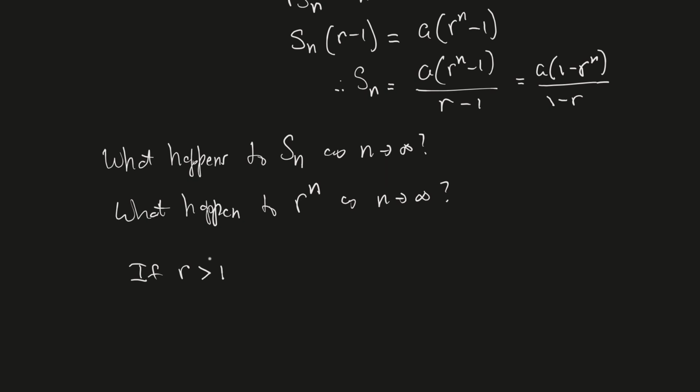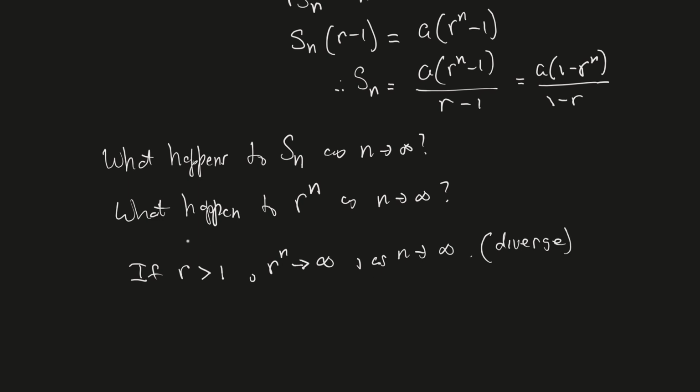So if r is bigger than 1, then r to the n goes to infinity as n goes to infinity. So that means in this case it would diverge, right? Because the numerator would just get really, really large. So this means that S sub n would diverge. So no good, right?